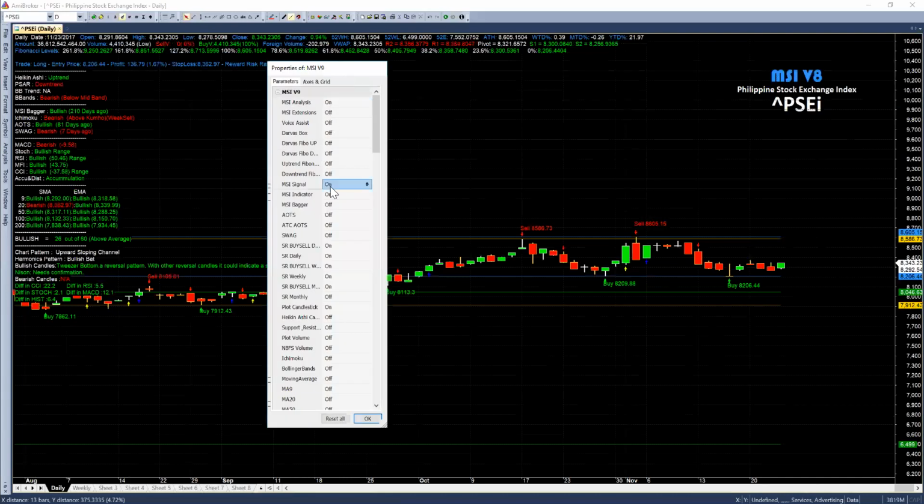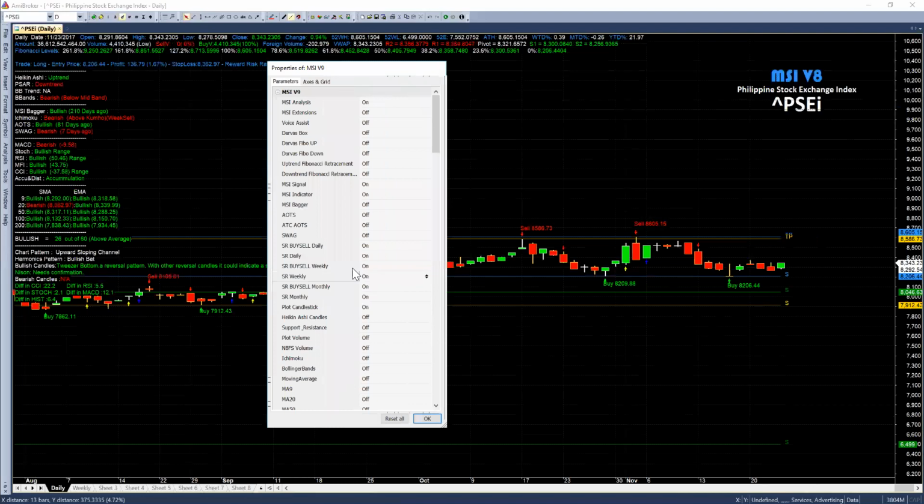Okay? Meron din siyang sarili niyang analysis. Sasabihin niya sa'yo kung ito ba ay support or resistance. Okay, you can switch that on here. Okay, so makikita niyo dito yung mga legend niya.